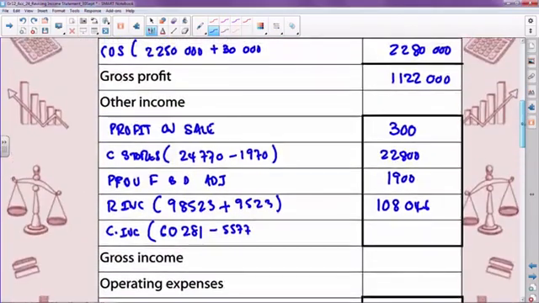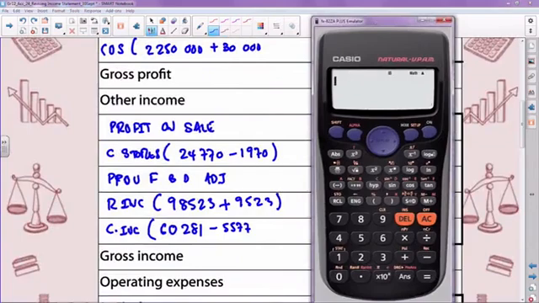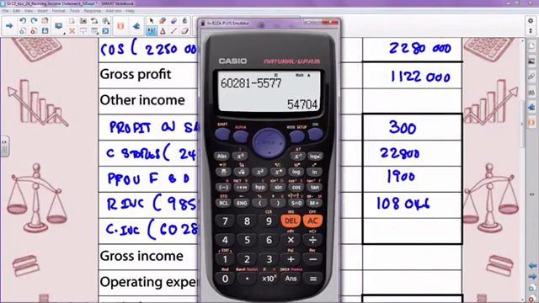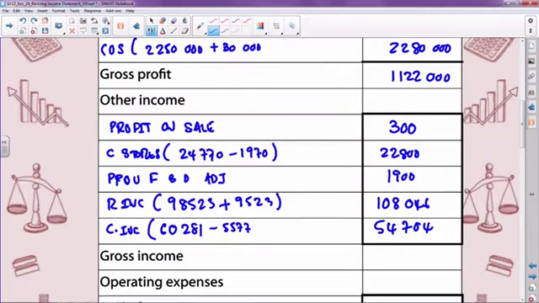We've got an amount of 60281 minus 5577 is equal to 54704. That will be my new commission income figure. Okay? All that I do now is I add up all my other incomes, and that will give me the total of my other incomes.